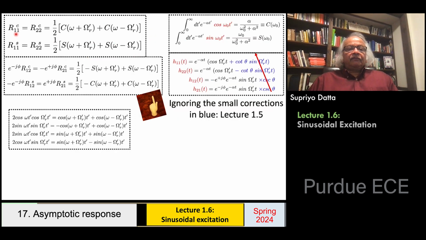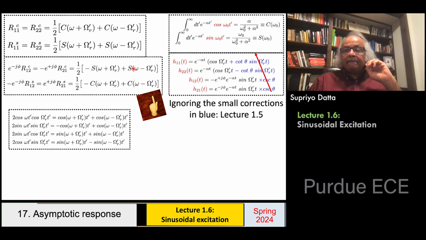Using it, you'll get expressions like this. If you want R11, the cosine amplitude, you'll get C of omega plus omega r prime, plus C of omega minus omega r prime. So in each case, whether it's R11 or R22 or R12 or R21, you'll get these two terms, one of which is the sum frequency and the other the difference frequency.